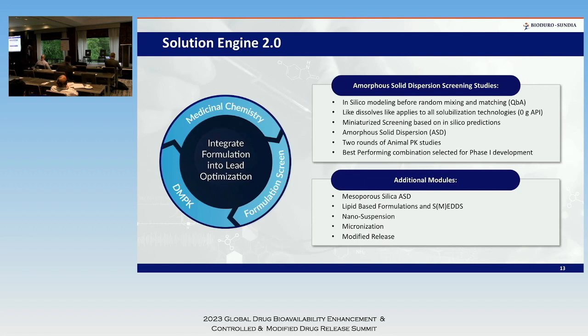Of course, there are many ways to do these miniaturized predictive experiments, but film casting certainly simulates what is happening with spray drying. For hot melt extrusion, there are many ways to do that.